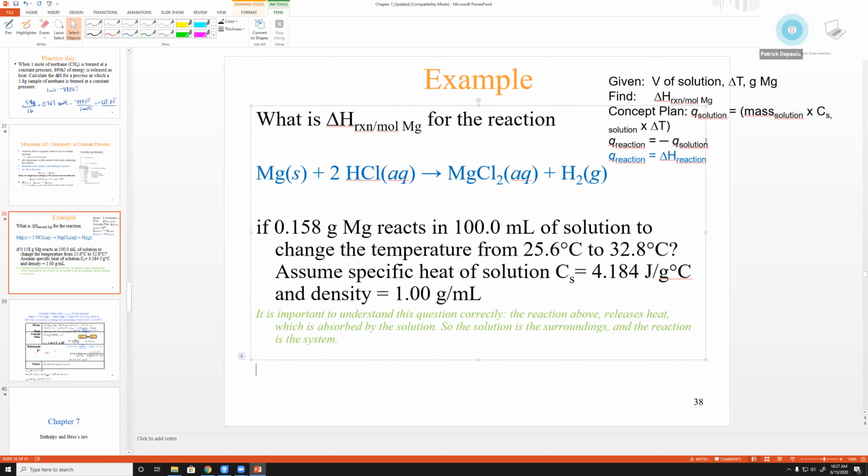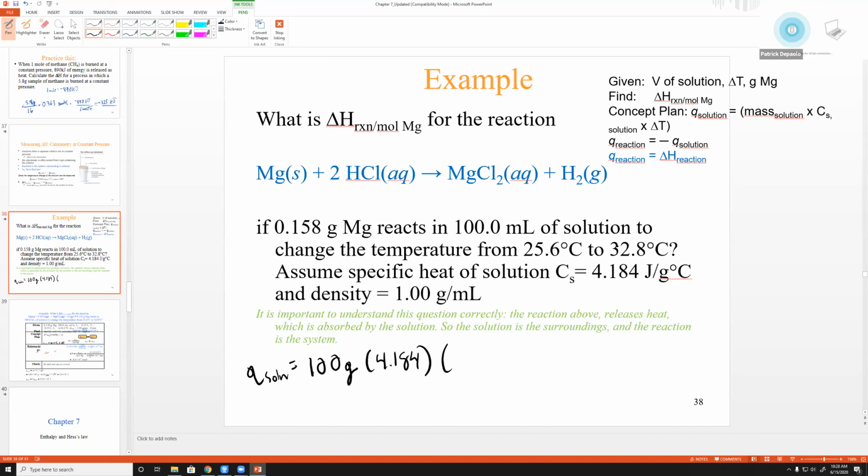All right, so we know that for our solution, Q solution equals the mass of our solution. Our solution is 100 milliliters. Since it's water, it's 1 gram per milliliter, so that's 100 grams. 100 grams times the specific heat for water, 4.184, times the change in temperature, which is 32.8 minus 25.6.